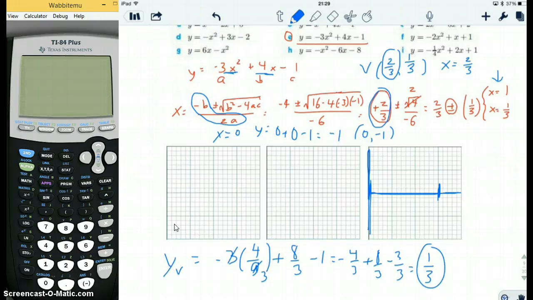So this will be 1/3, and this will be 2/3, and this will be 1. And let's see if we can graph this now.